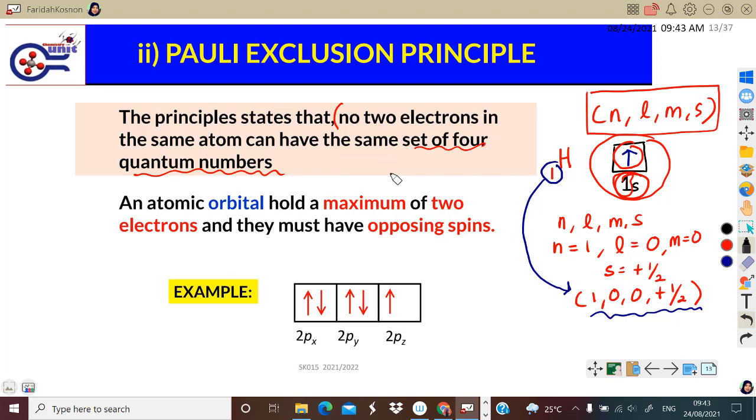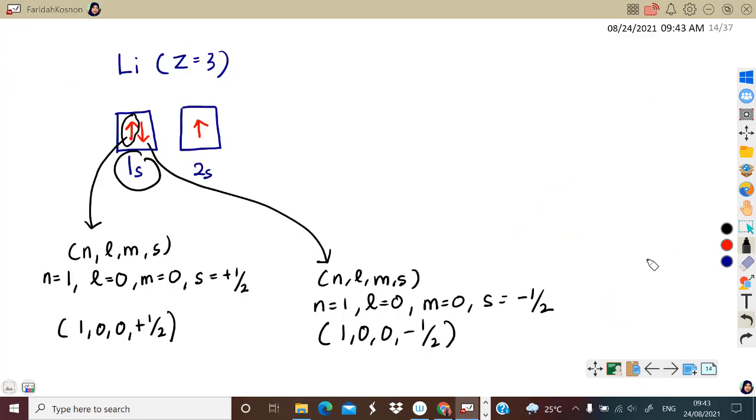Tidak ada 2 elektron dalam atom yang sama mempunyai same set of 4 quantum numbers. If we look at the example we did, for the electrons in the 1s orbital, there are 2 electrons, right? So if you look, these two will not have the same set of quantum numbers. Okay, we continue with one more.